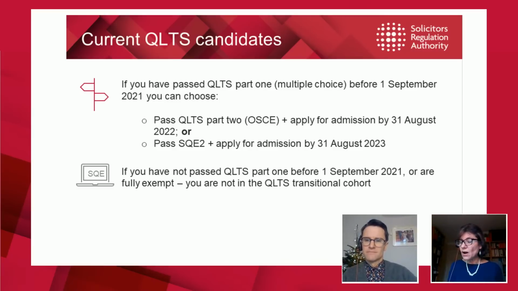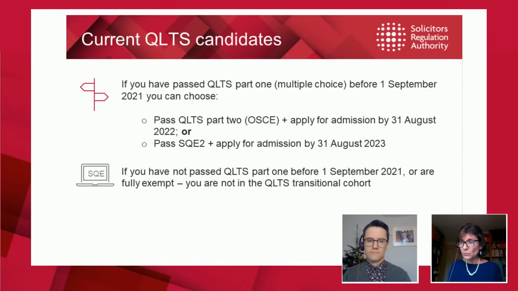Exemptions. There are a group of people in relation to the QLTS who are exempt from the QLTS Part 1, from the multiple choice test, and these are people who have passed the LPC. That group of people do not have to take the MCT, but they do have to pass the OSCE.